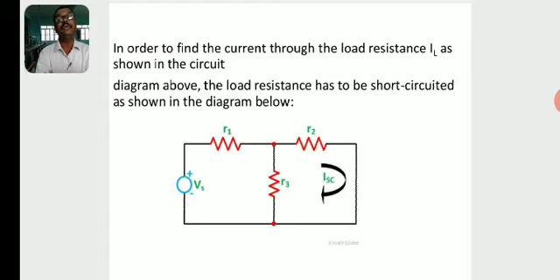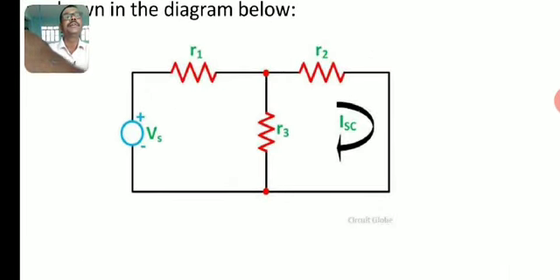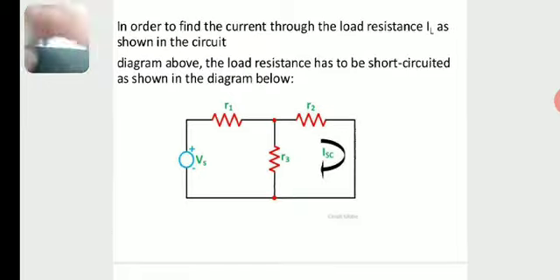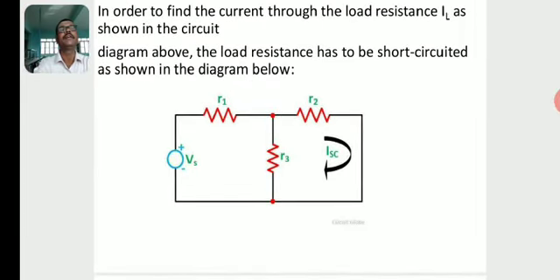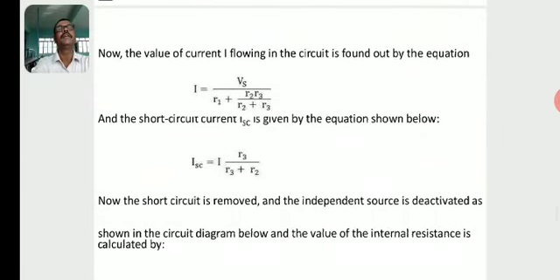How can it be determined? The value of current I flowing in the circuit is found by the equation I equals Vs divided by R1 plus R2 R3 divided by R2 plus R3.